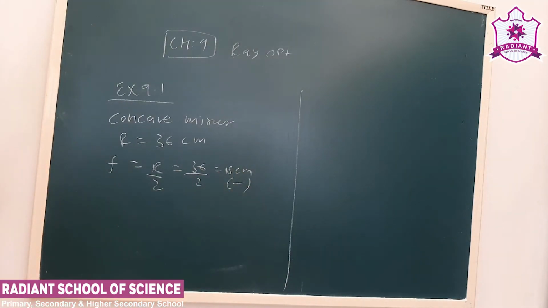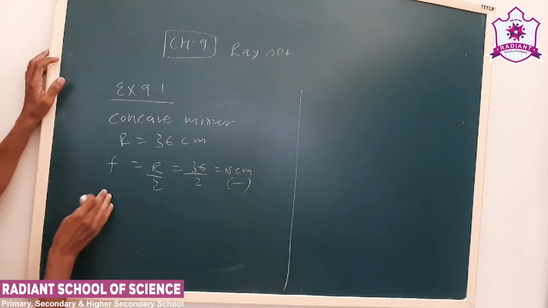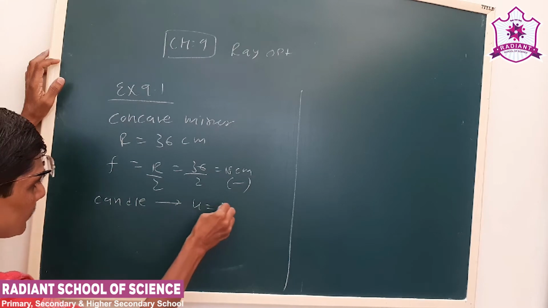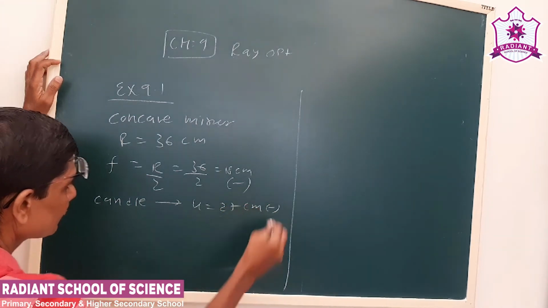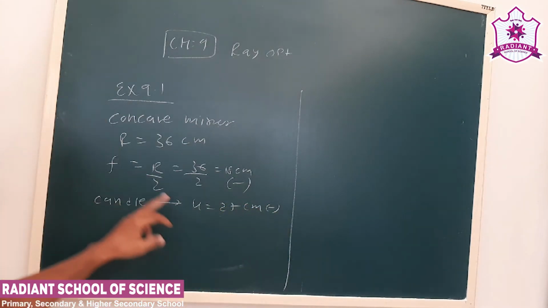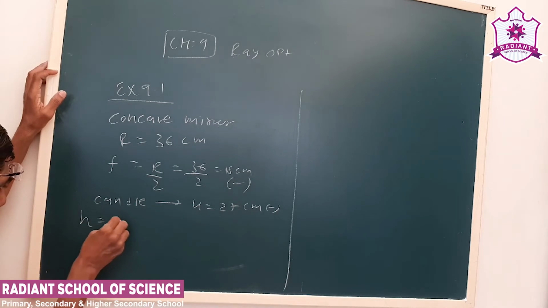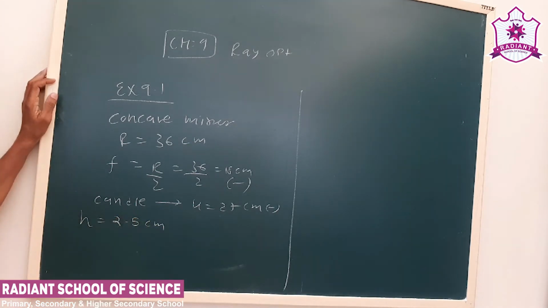Now a small candle is placed at a distance of 27 centimeter. Now this is a concave mirror, U will be always negative. Now the height of the candle is 2.5 centimeter. Now we have to find out where the image is formed and what it is. We have to find out the position, type and size of the image formed.